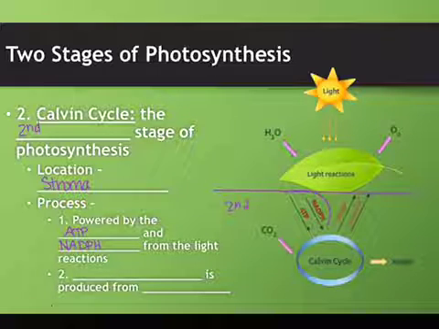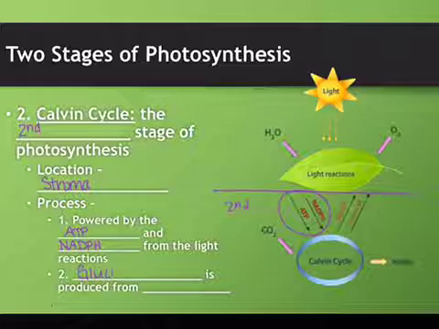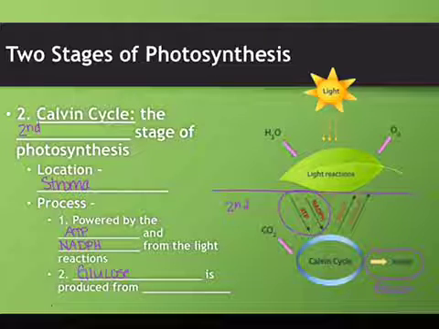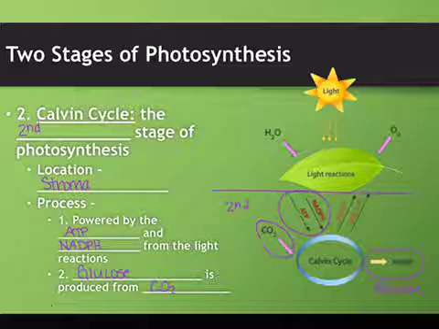So these molecules right here provide the power to the Calvin cycle. The product of the Calvin cycle is glucose. So notice the sugar, this is really standing for glucose. The out arrow says it's going out, and it's produced from the carbon dioxide that goes into it.